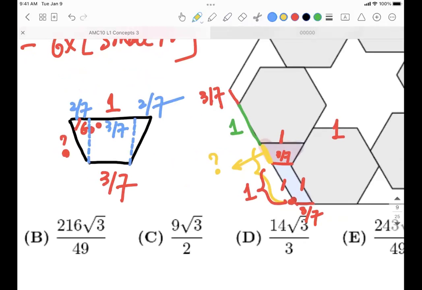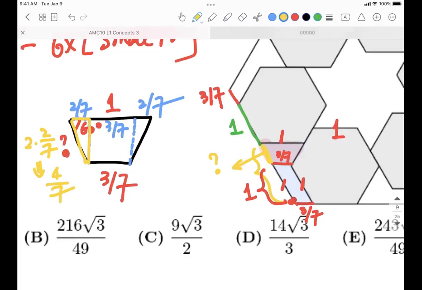Now, if I focus on this little triangle, this is a 60, 30, 90-degree triangle. So the hypotenuse will be twice the 30-degree facing side. So this is twice 2/7, which is 4/7.